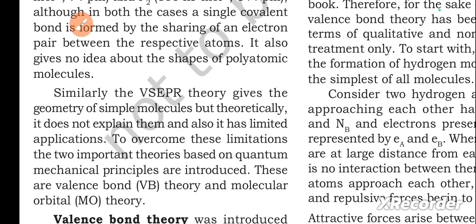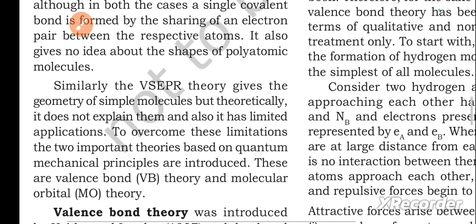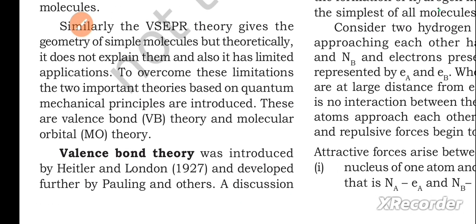It also gives no idea about the shapes of polyatomic molecules. Similarly, the VSEPR theory gives the geometry of simple molecules, but theoretically it does not explain them, and also it has limited applications. To overcome these limitations, two important theories based on quantum mechanical principles are introduced.